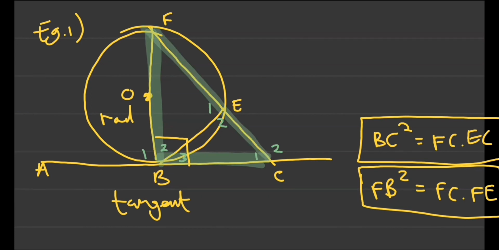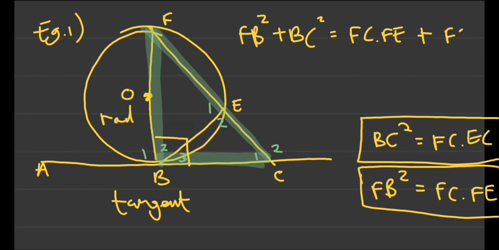Let's write it down. If we take FB squared and we add that to BC squared. Now, FB squared is equal to FC times FE. BC squared is equal to FC times EC.